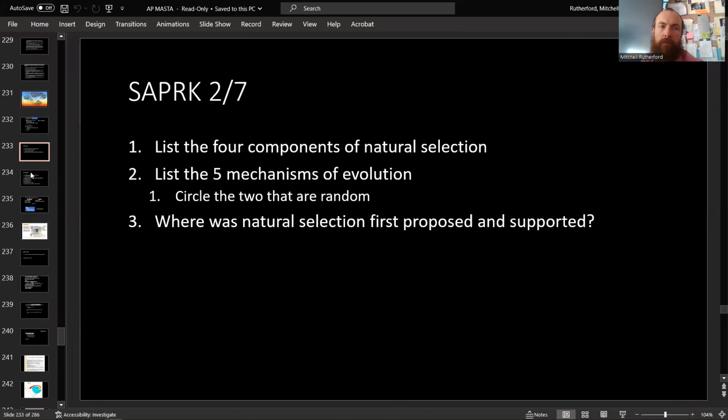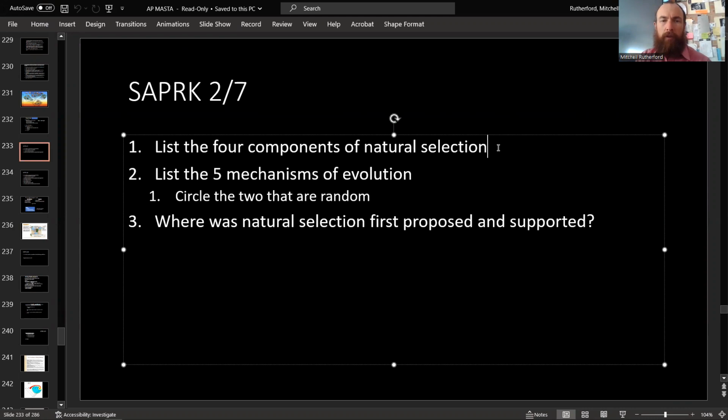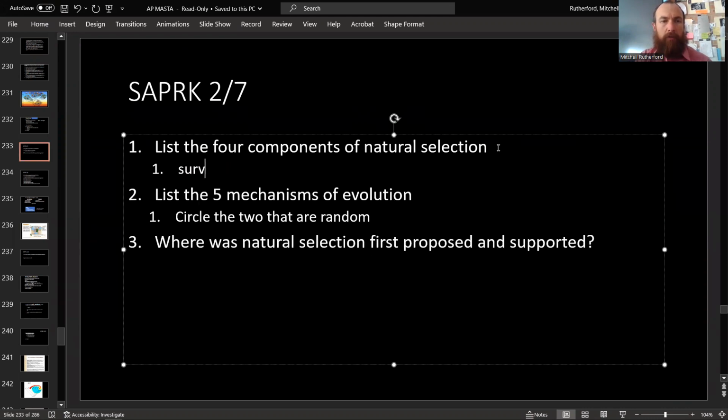Wonderful. Evolution. We have the four components of natural selection. Survival of the fittest, maybe I could just type it in here. I'll type some answers. Survival is one of them.